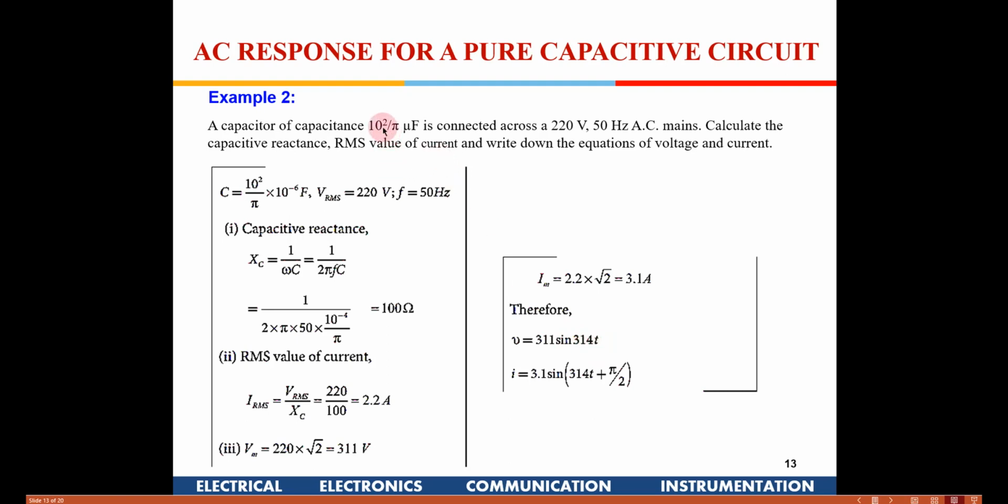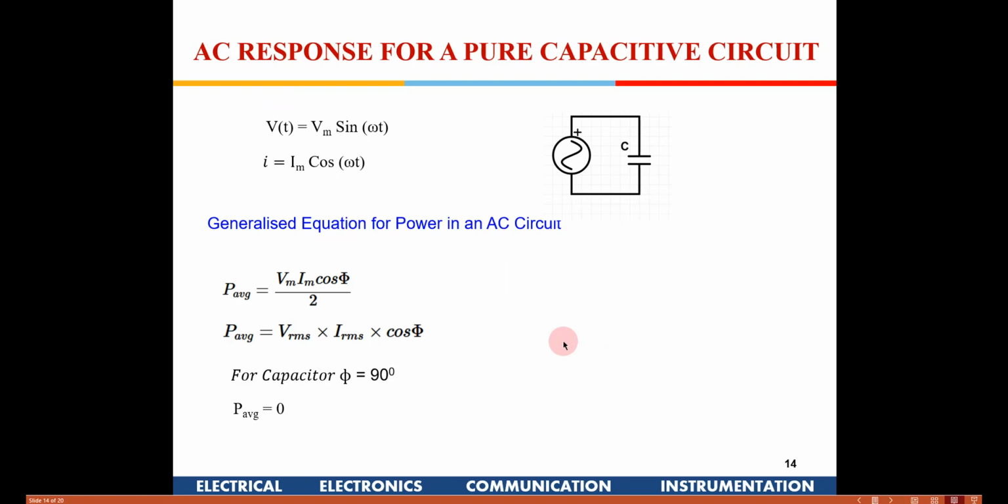So, f is 50, into 2 pi, so 3.14 into 50 into 2 gives 314. Yes, it is correct.